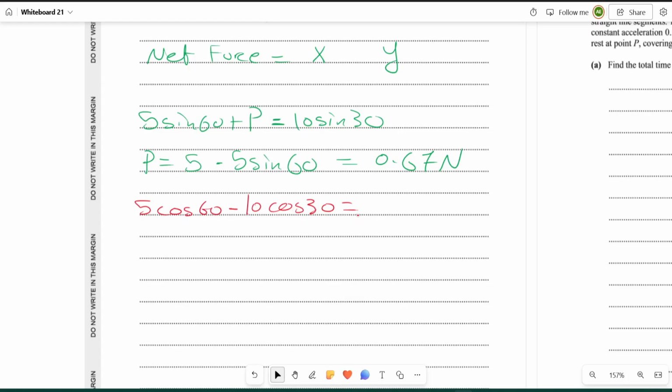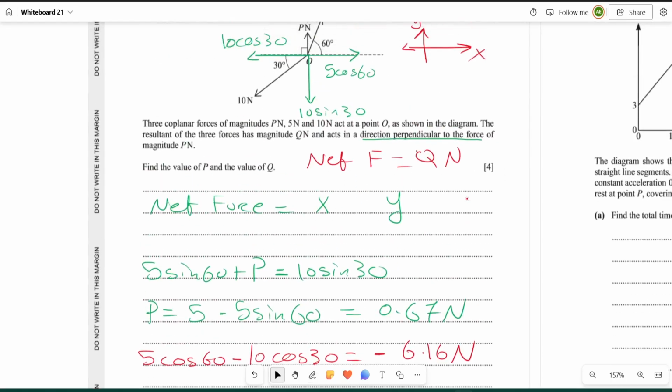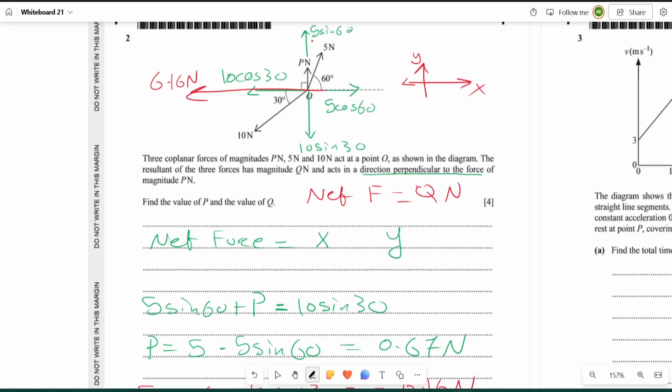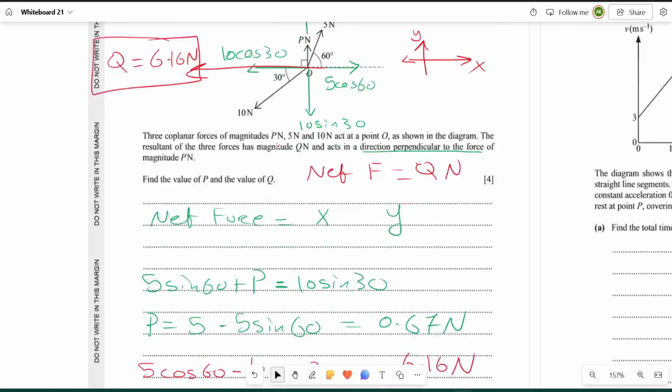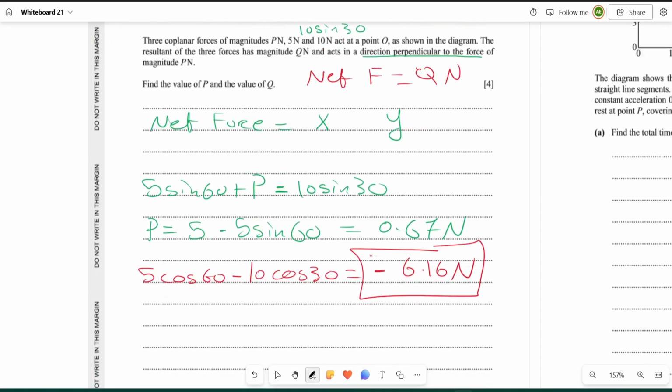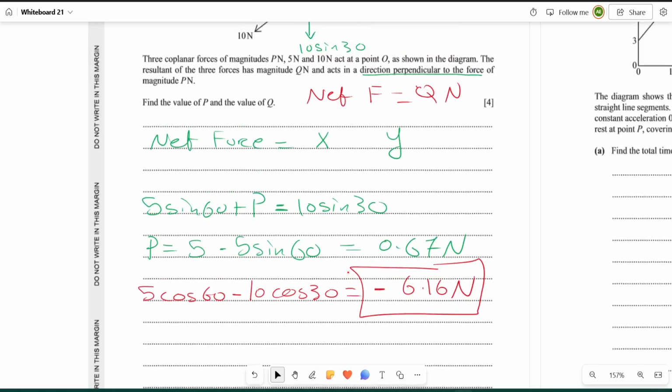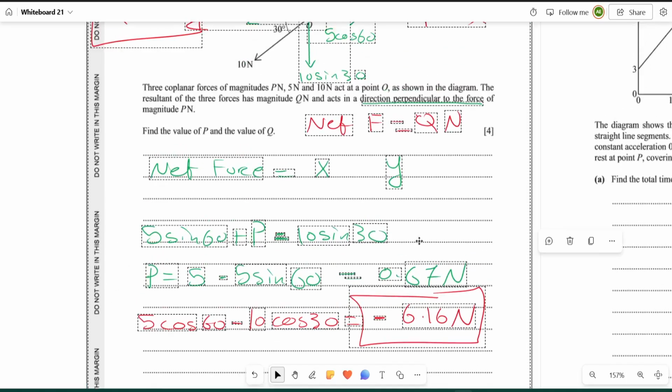So 5 cosine 60 minus 10 cosine 30 is equal to minus 6.16 newtons. So that tells me that the net component of all these forces in the x direction is going to be 6.16 newtons to the left, and the y component of Q is 0. So basically this is going to be my Q over here. This is the answer to this question.